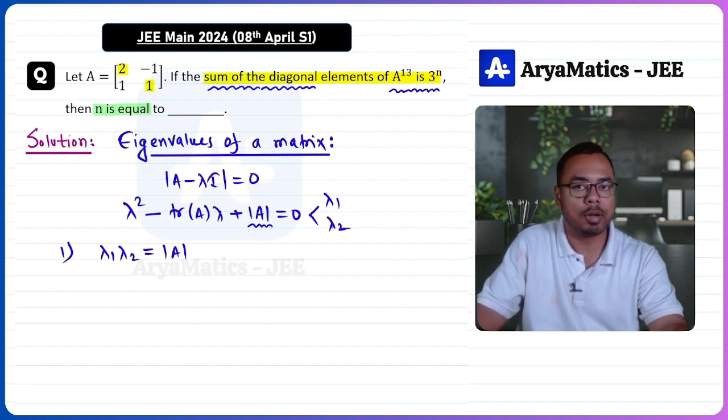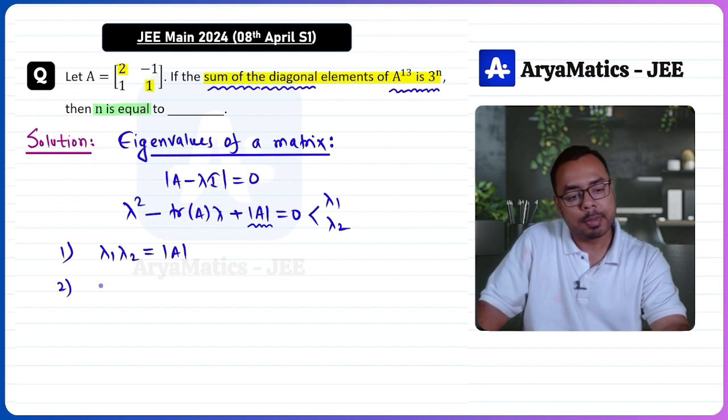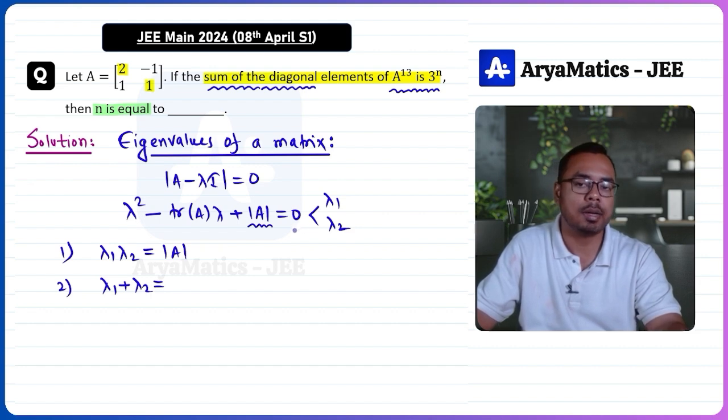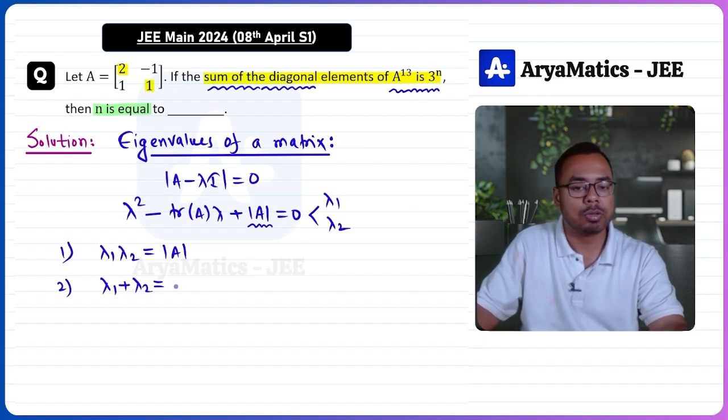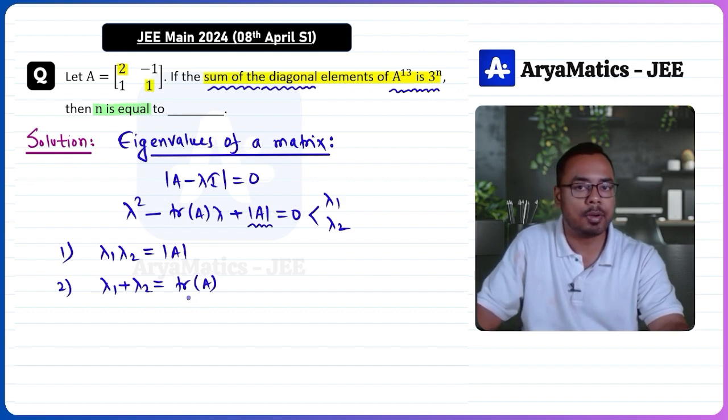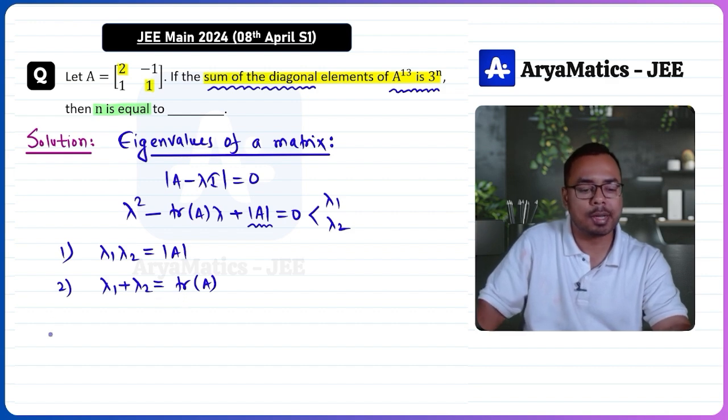For this quadratic, the product of roots lambda 1 and lambda 2 will be the determinant of A. Similarly, if you calculate the sum of eigenvalues of a matrix, I'm writing for 2 cross 2, but this is valid for any general n cross n matrix, the product of eigenvalues is the determinant of the matrix, and the sum of eigenvalues is nothing but the trace of the matrix, right? So these are the two most frequently used properties.